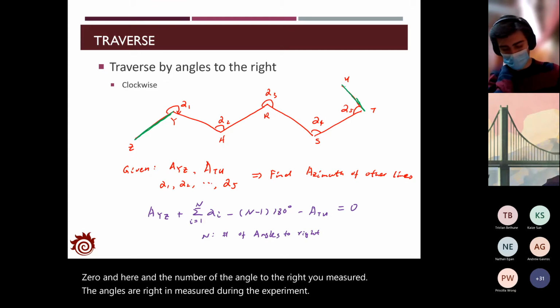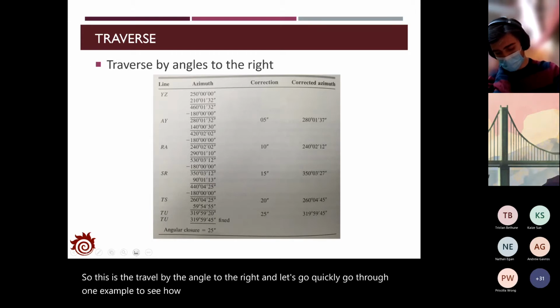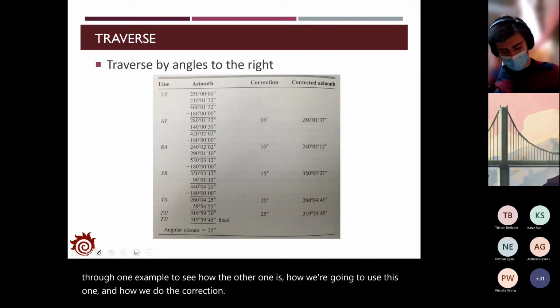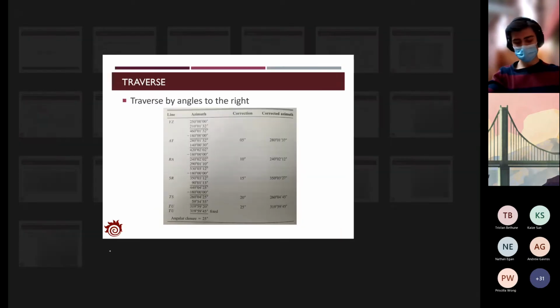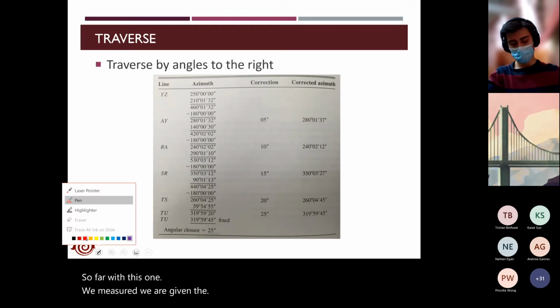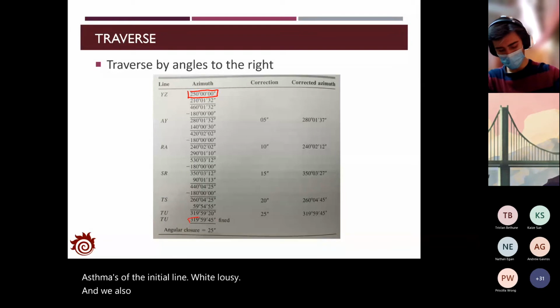So this is the traverse by the angle to the right, and let's quickly go through one example to see how we're going to use this and how we do the correction. We are given the azimuth of the initial line Y to Z, and we are also provided with the terminating line T to U, and we measured the angle to the right.